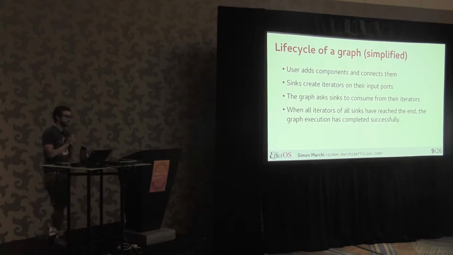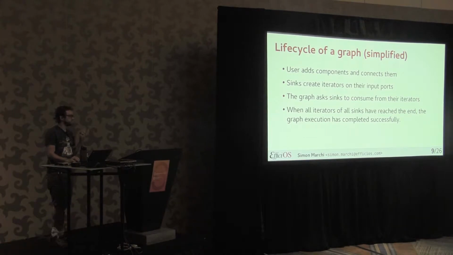So the life cycle of a graph works like this: when you create a graph, it starts as empty. And as a user, let's say you use the Babeltrace library, you can add your components and connect them as we saw on the picture. Once you've added and connected all of them, you say, okay, I want to start.